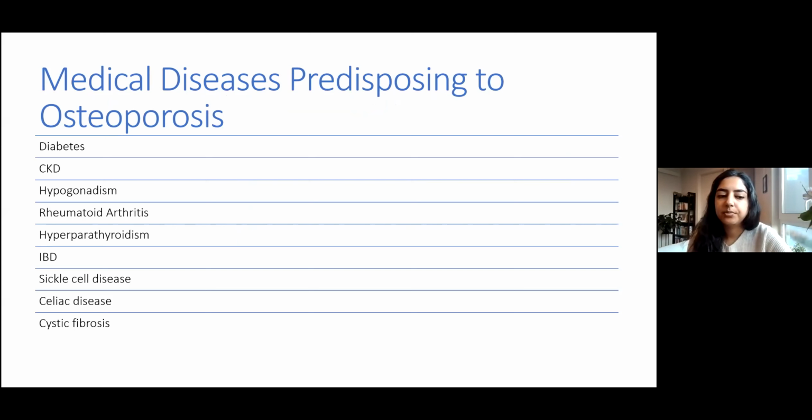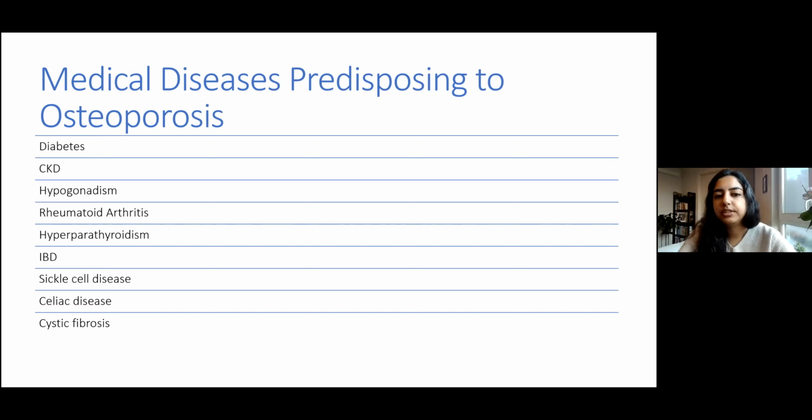CKD mineral bone disease is really complex, and there's features of osteoporosis, but it's actually maybe a more distinct clinical entity than just the osteoporosis we see in the healthy population. Diabetes is associated with bone metabolism, and insulin resistance can affect bone growth and resorption.